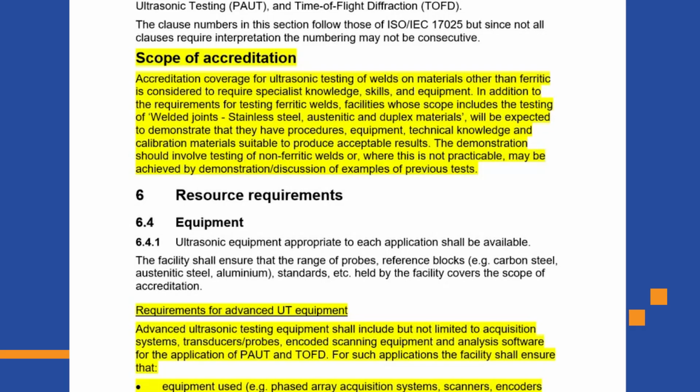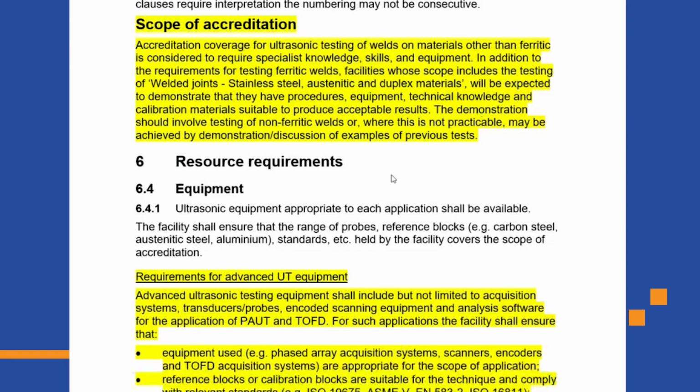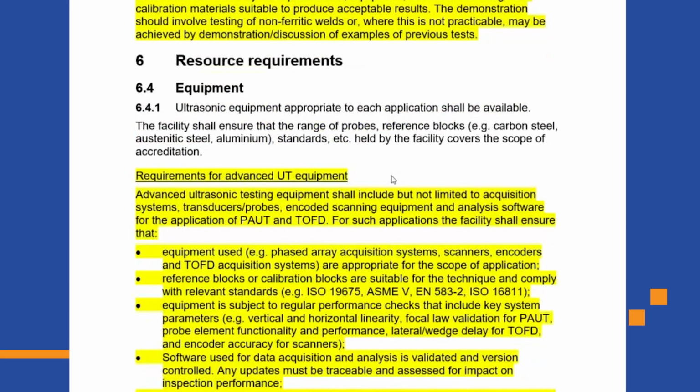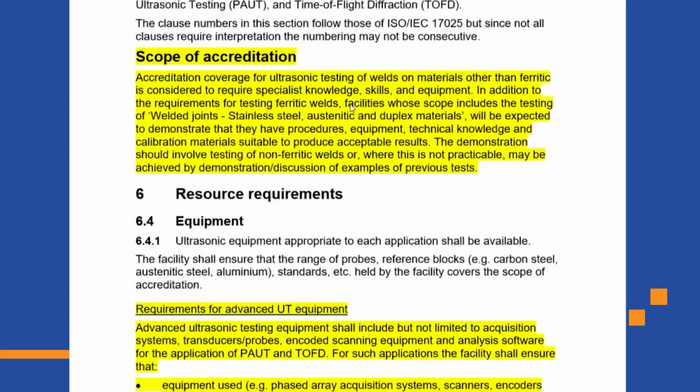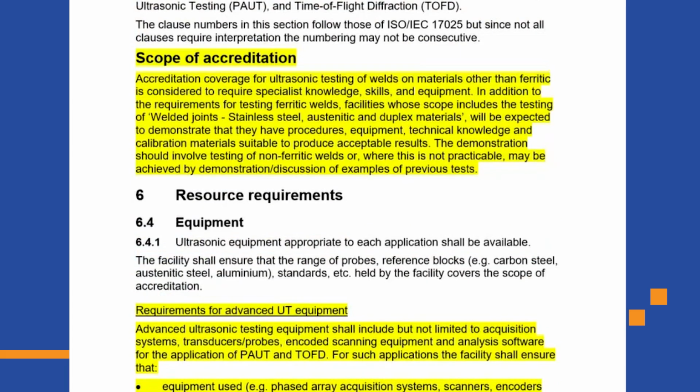Yeah, just adding on to what you just said there, Andy, we recognise that organising a real field demonstration on a non-ferritic weld will be really difficult for most facilities. So we don't necessarily expect you to have an actual stainless steel weld to be tested on the day, but we would expect that you would have the probes, specific technique sheets, examples of previous tests that you've done, so test reports, validation reports, something like that.